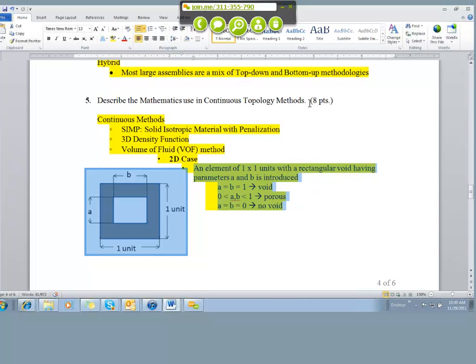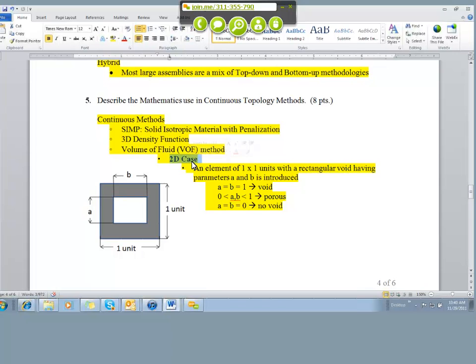To get full credit on this, what I was hoping that you would do is say, this is an example of the 2D mathematics. If it were a 3D object that we were working with, then it wouldn't be a rectangular cell, it would be a cuboid, and it would be 1 by 1 by 1, and some general discussion of how this would be in 3D.